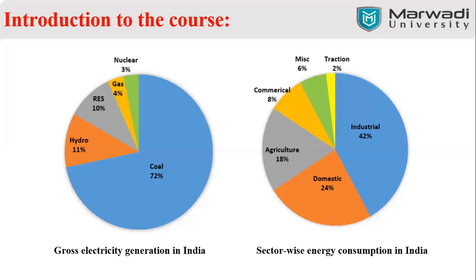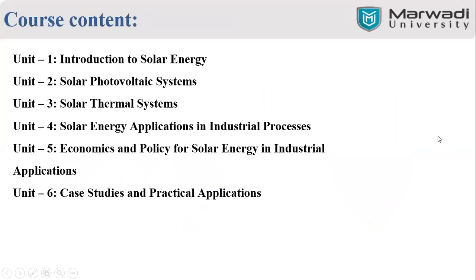And India is planning to generate the total power of 500 gigawatt from renewable energy. And in that also, the contribution of solar will be very high. Looking to the state-wise, Gujarat and Rajasthan have been identified as the states which have highest global radiation. So that's why in this subject, I'm going to teach you about the solar energy.